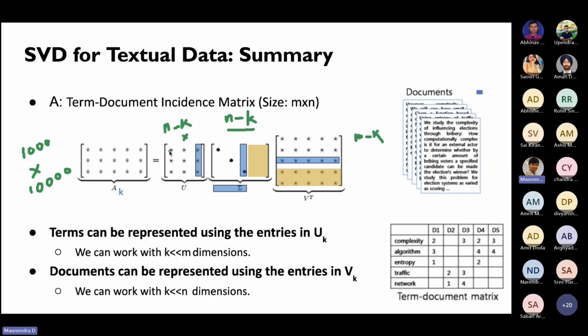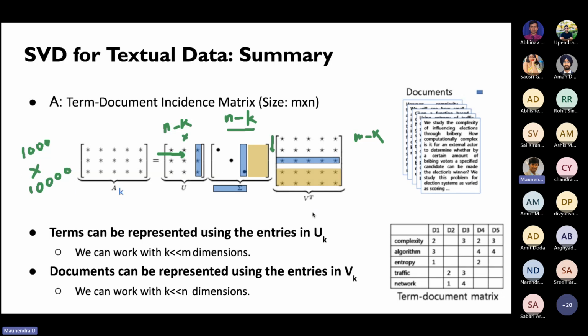That means the effective number of entries in each row will now become only 10. The rest, 990 from this point, will be zeros. The effective entries in this vector also will be 10. Everything else is zeros. It was shown in a proper mathematical way that since you are modifying U, sigma and B transpose, if you multiply the new U, new sigma, new B transpose, definitely you are not going to get back the original.